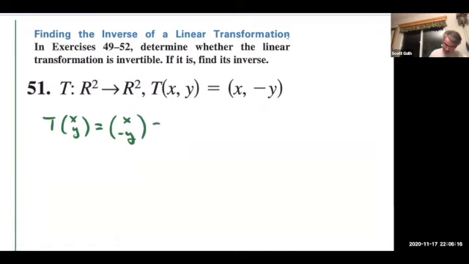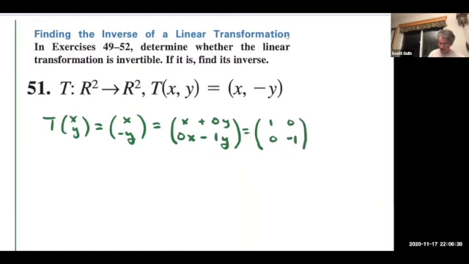And I want to write this as x plus 0y and 0x minus 1y. And that allows me to break this into a matrix multiplication. So you'd have 1, 0, 0, negative 1 times xy. Okay, so this is A here, and this is my V vector.